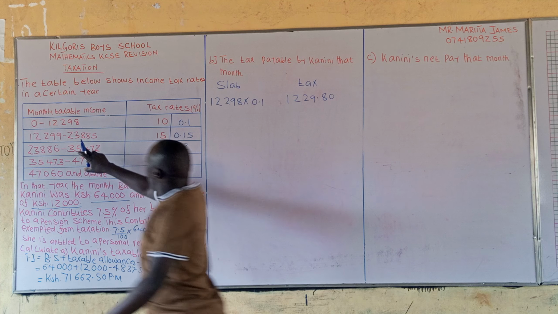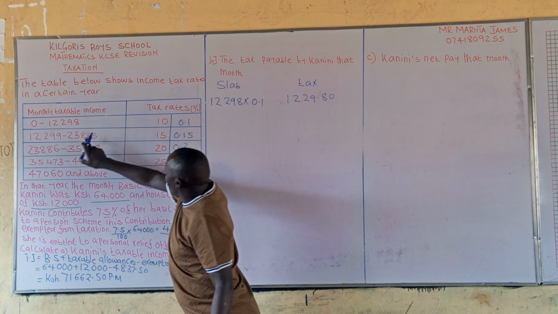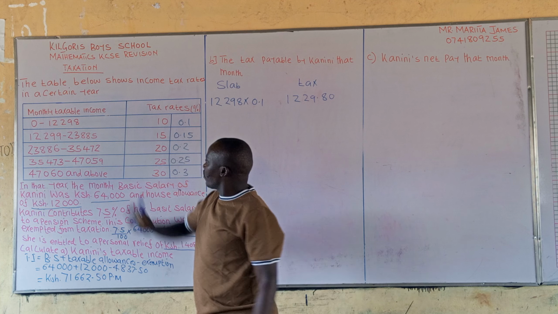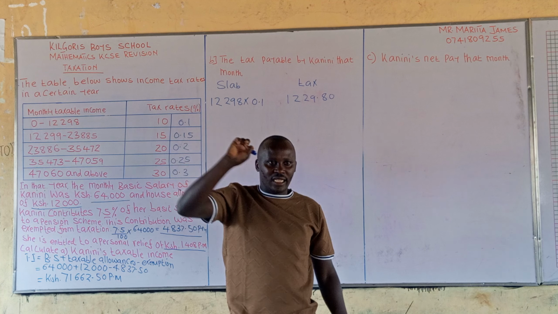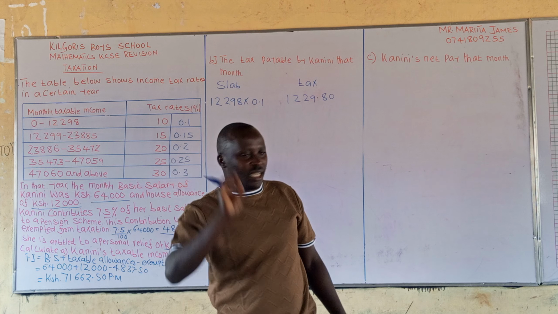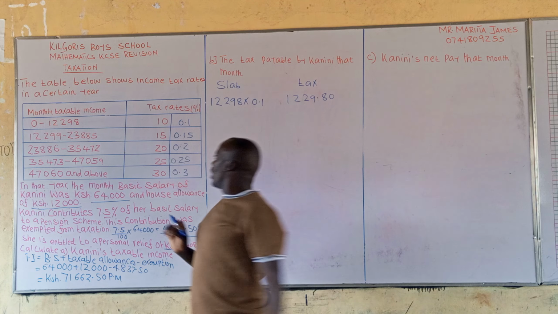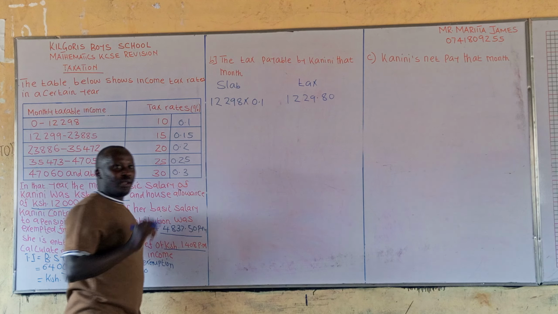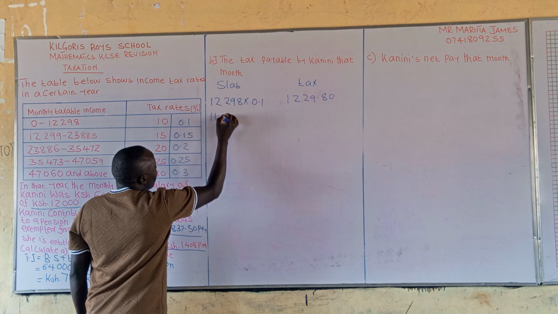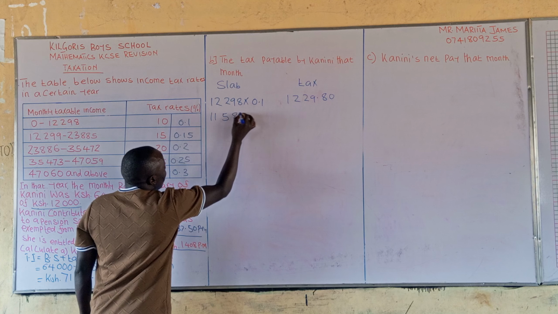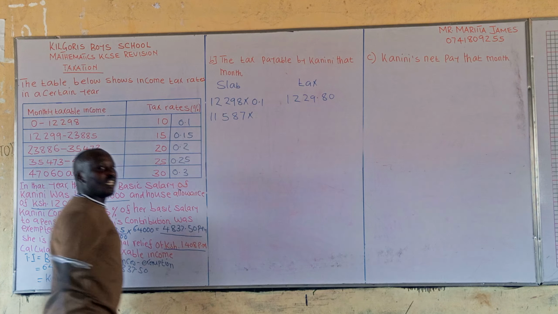Then next you take 23,885 and subtract 12,298. That will give us a difference of 11,587 times the rate.